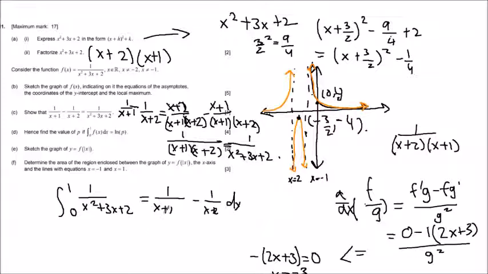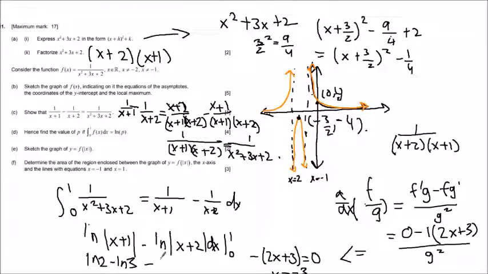Therefore, by substitution, with x plus 1 equal to u, this is equal to ln of (x plus 1) minus ln of (x plus 2), from 0 to 1. You put 1 in here, you'll get ln 2 minus ln 3, and then minus ln 1, which is 0, minus ln 2.